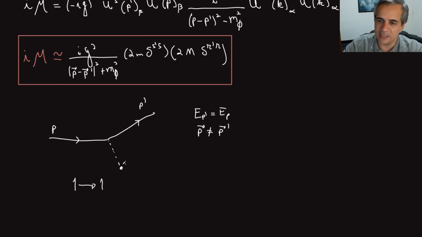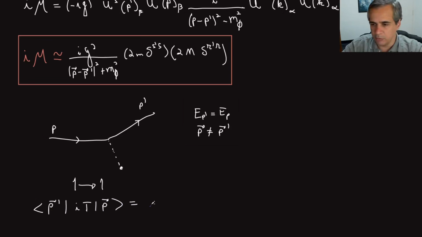I'm not looking at this guy anymore. So this part I don't care about anymore, right? And my matrix element now will be that of a one-to-one scattering, which will be equal to iM, this iM, right, 2π times conservation of energy only, δ(E_p′ minus E_p), right?